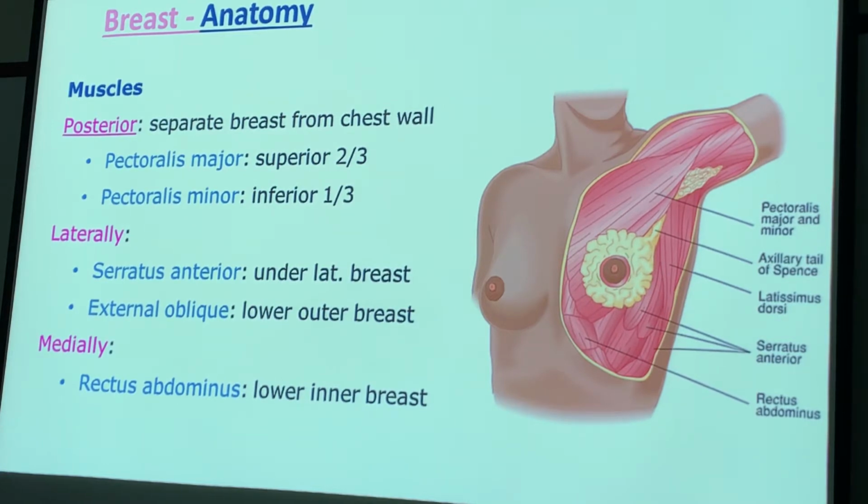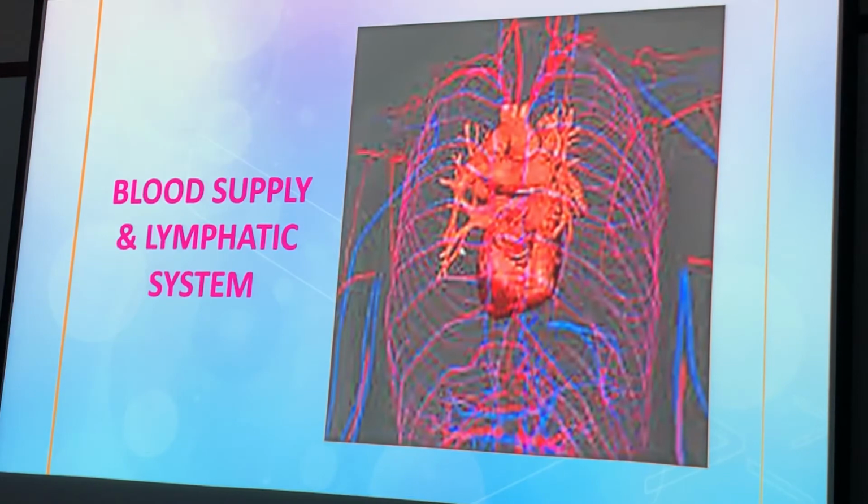And then medially, again, you have the rectus abdominis muscle. Remember, those are the muscles for your abs. You, like me, haven't seen them in a while, but they're there. So those are the muscles, guys.